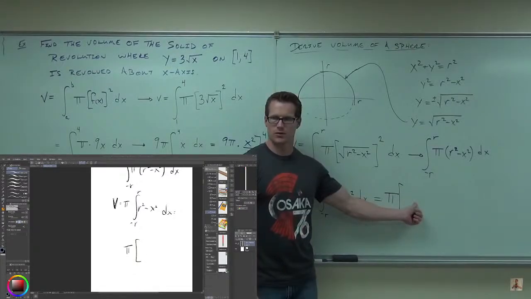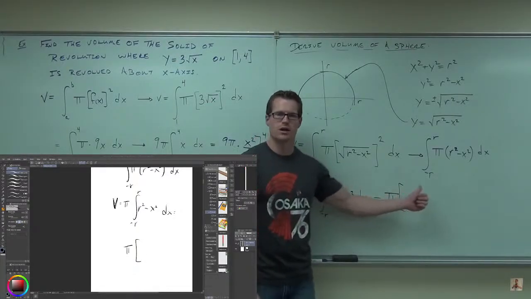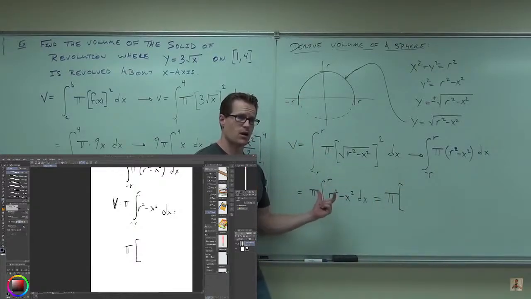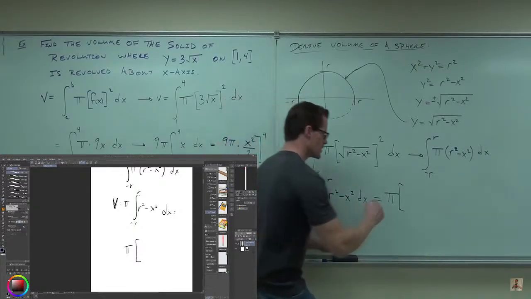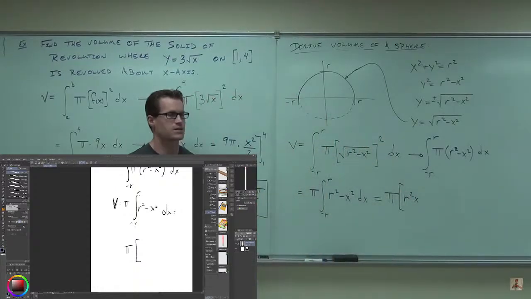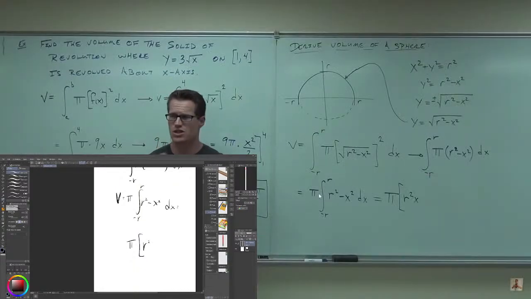I hope so. Integral of 3 would be 3x. If that was a 1, you would get x. True? This is not a 3, it's not a 1, but it's an r squared. We treat that like a constant, so you're going to get r squared x. It's a constant. Integral of a constant, you just add an x to the back end of it. Think about it. What's the derivative with respect to x? R squared. So that works. Remember, we're just antiderivating here.